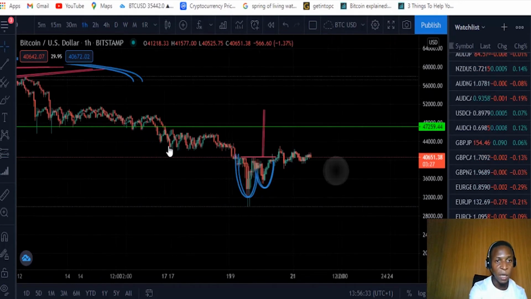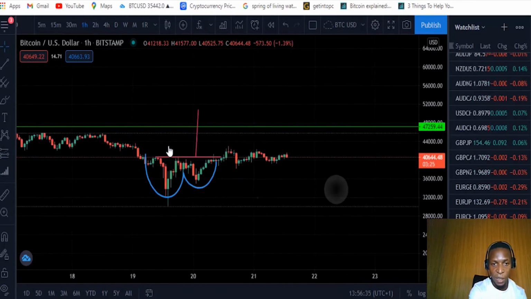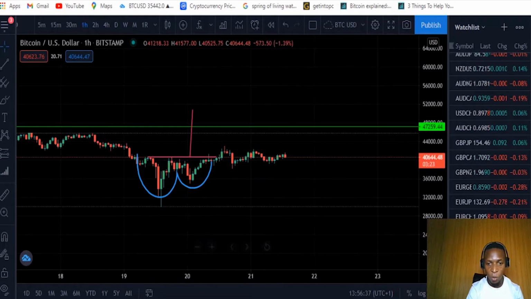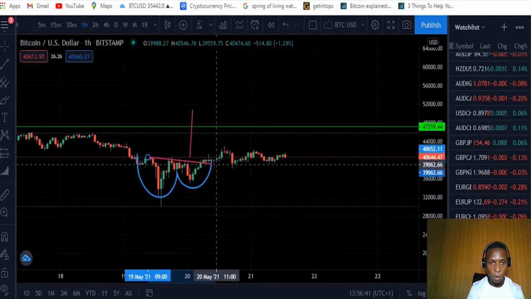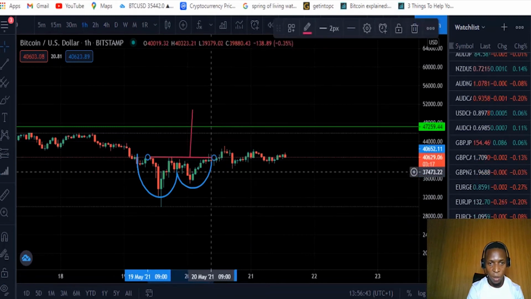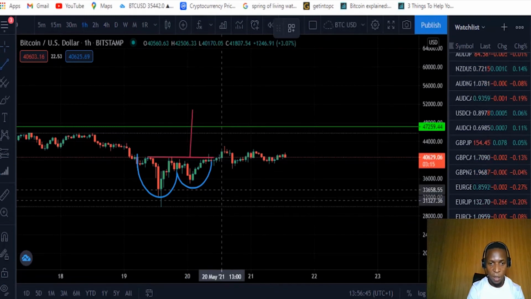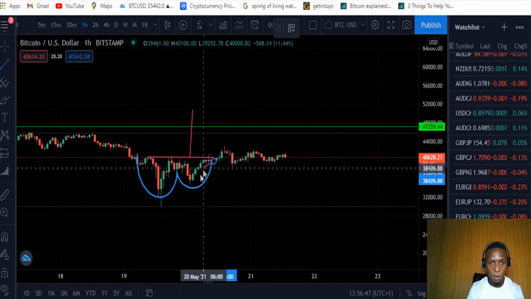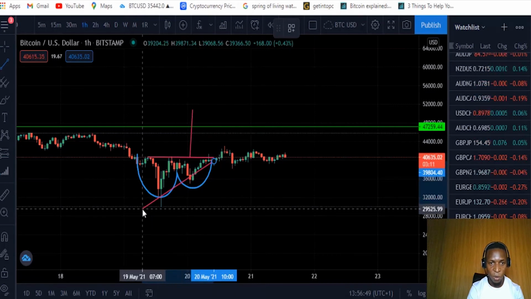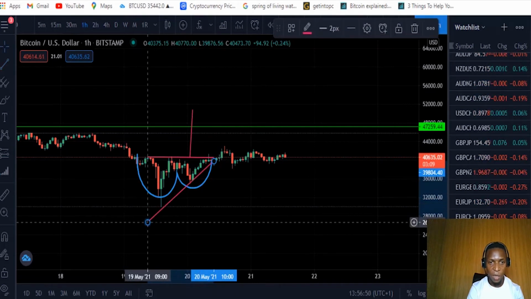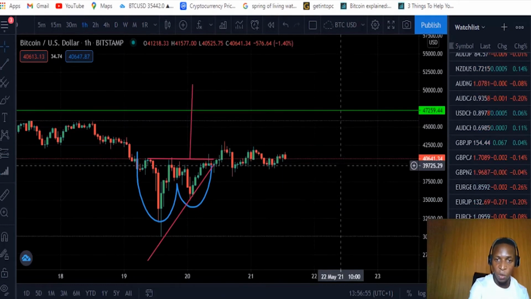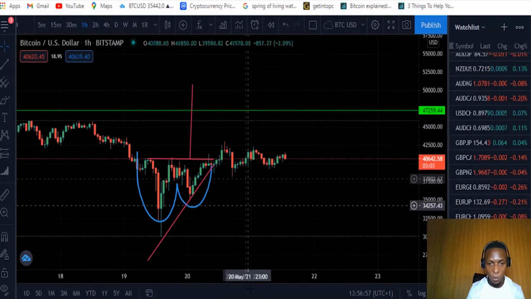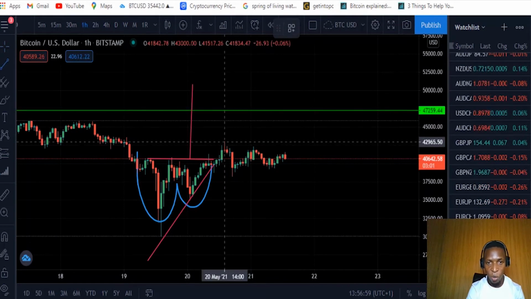But what am I seeing now, presently? Apart from this W, we're looking at this ascending triangle, and also another ascending triangle which actually broke upward. But it is presently consolidating. Then the next possible scenario is looking at this.